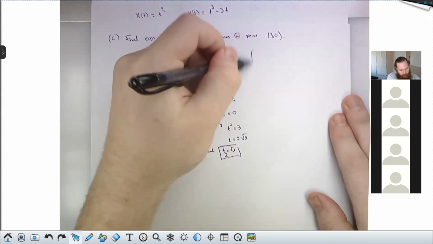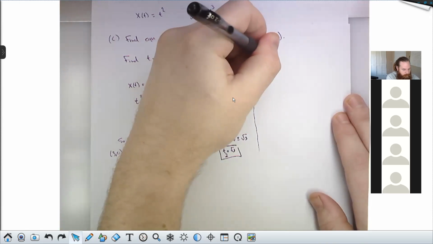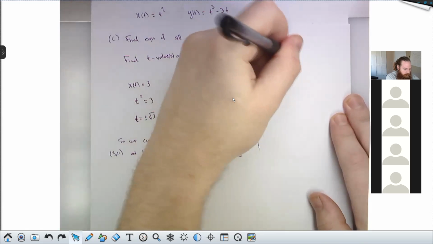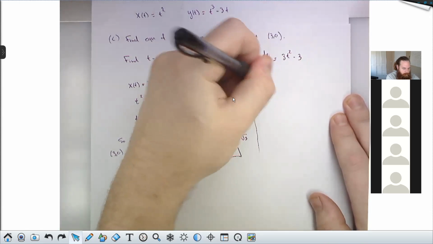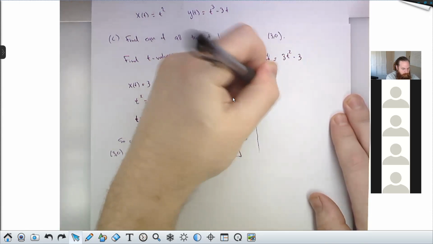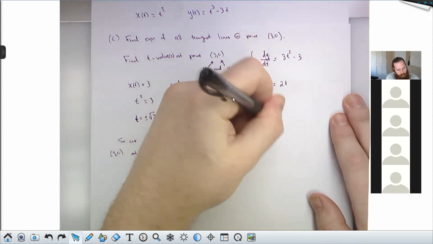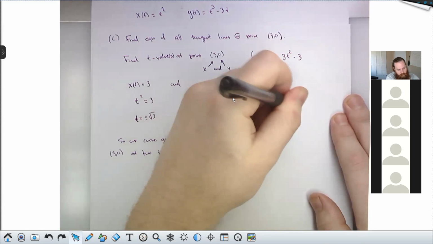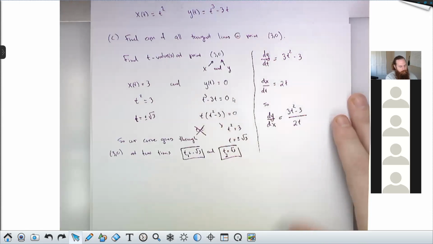All right, I've got some space here, so I'll do my derivative calculation there. dy/dt is still 3t squared minus 3. dx/dt is still 2t. So dy/dx is still (3t squared minus 3) over 2t.